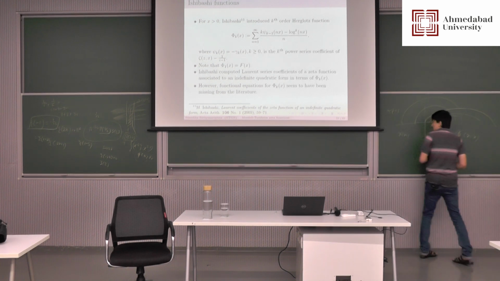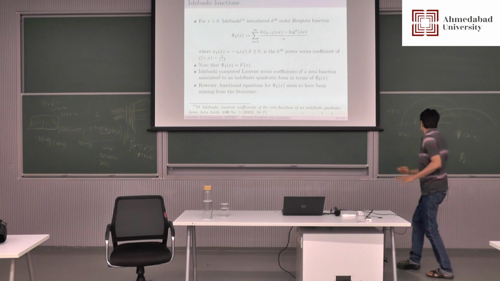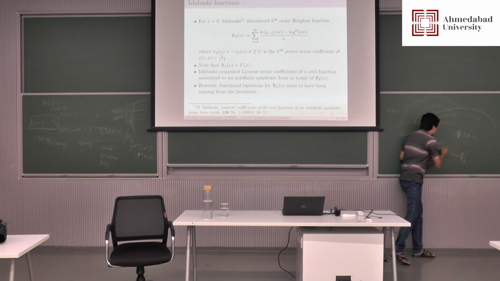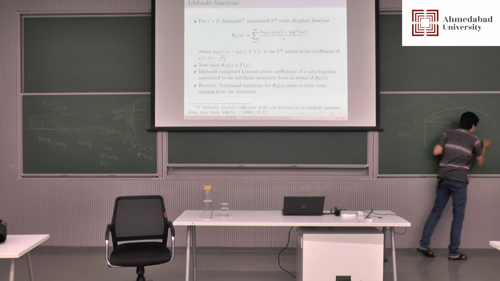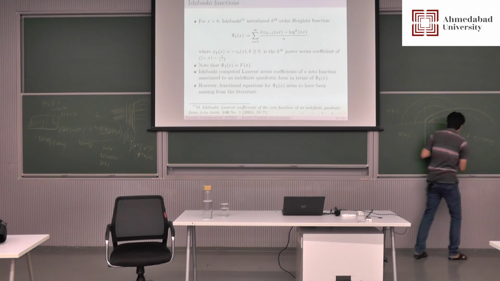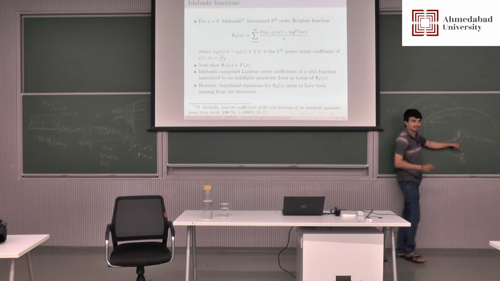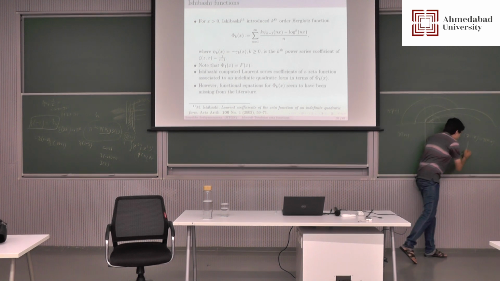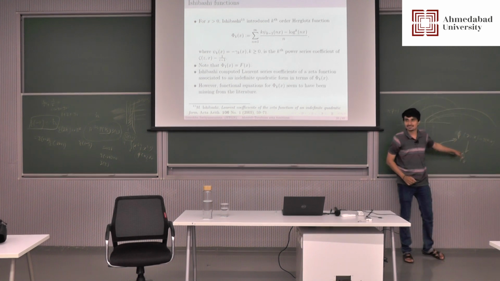Our initial aim was to get this functional equation for this, but we couldn't get it. So what we did, we went with zeta. This involves the Hurwitz zeta. We got a functional equation here, and differentiating and turning z to 1, we came back here.